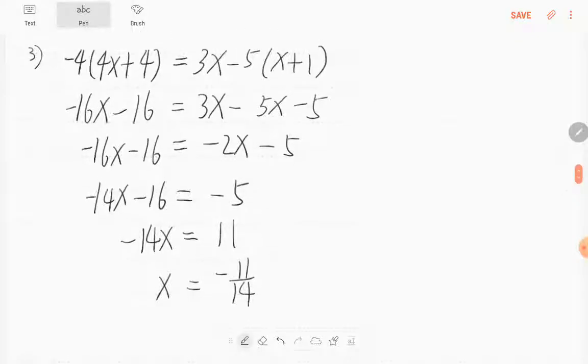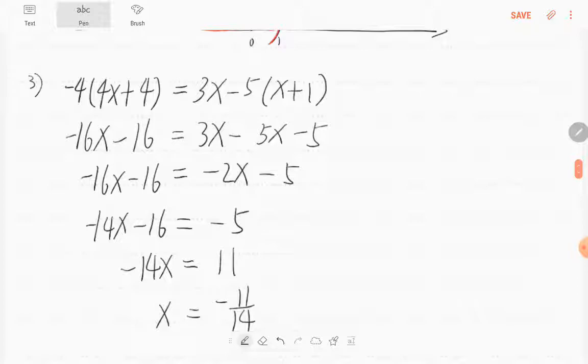Did I make any mistakes? Yes, I made a mistake. I copied the wrong problem. So here is minus 1. So here minus 1. So it becomes minus 17. Minus 17.